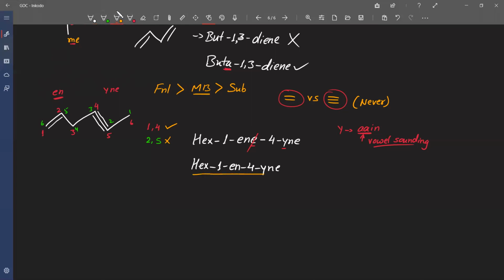When you have to check whether there are vowel or consonant problems, you omit the numbers and then try to read it out. So now you will be reading it correctly: hexenyne. Clear? Yes, sir. Okay, let's see one more example.